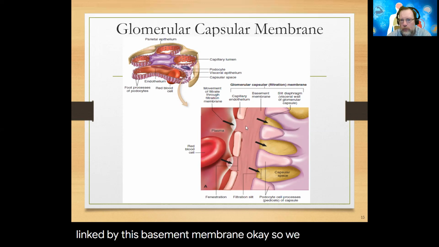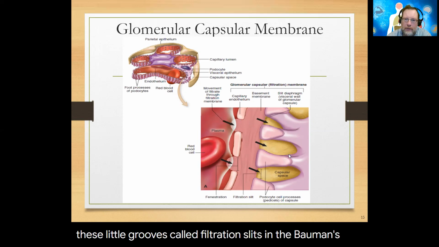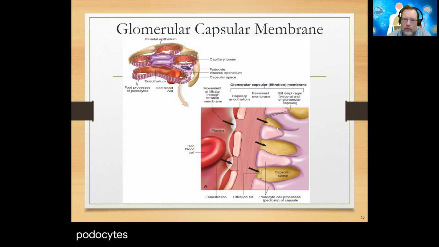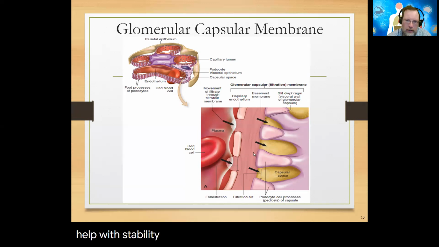Okay, so we can move what's called filtrate through these pores. Okay. And then we have these little grooves called filtration slits in the Bowman's capsule. And the Bowman's capsule also has these little podocytes. These are little feet that certainly help with stability, with anchoring and structural integrity.